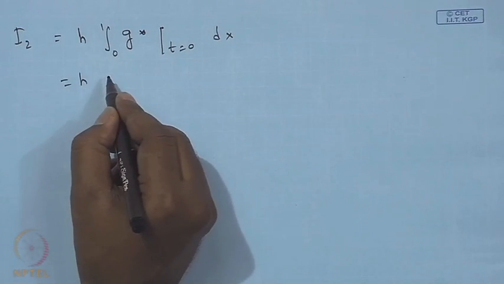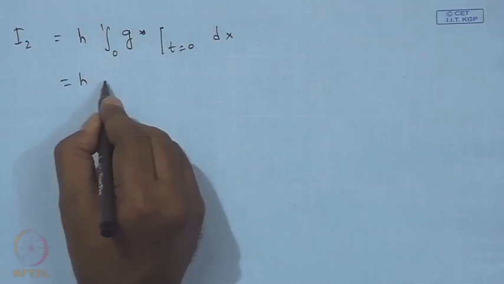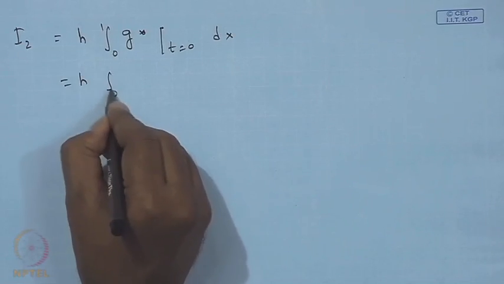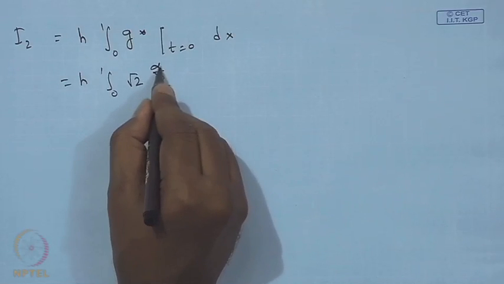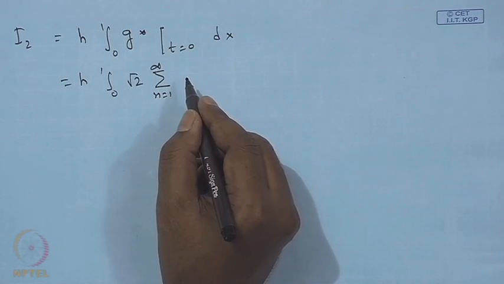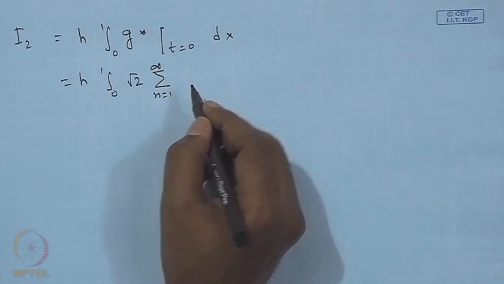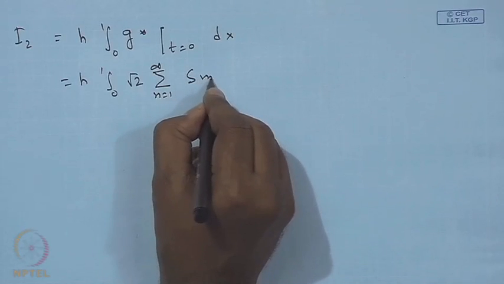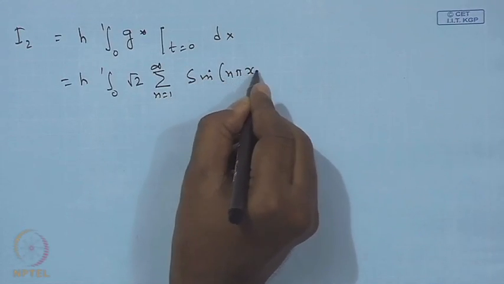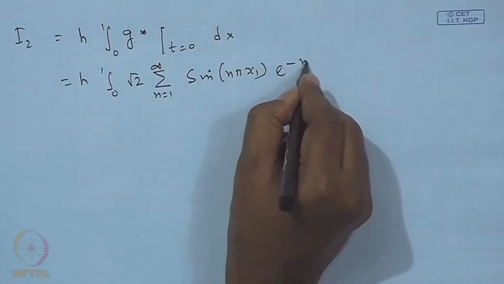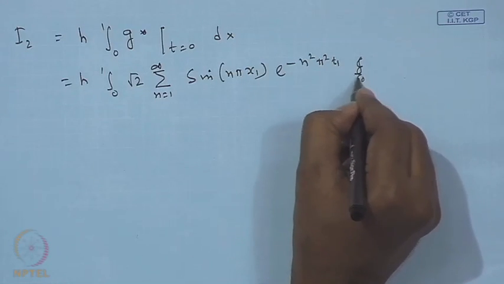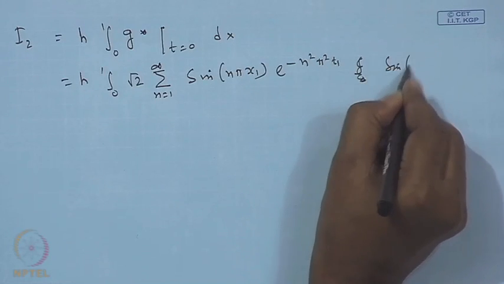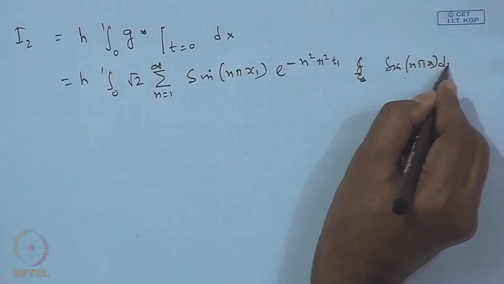So, for g star at t equal to 0, we just put integral 0 to 1 root over 2 summation n equal to 1 to infinity sin n pi x1 e to the power minus n square pi square t1, and the 0 integration is there. So, it will be sin n pi x dx.